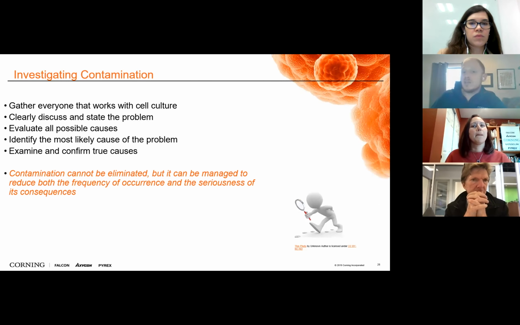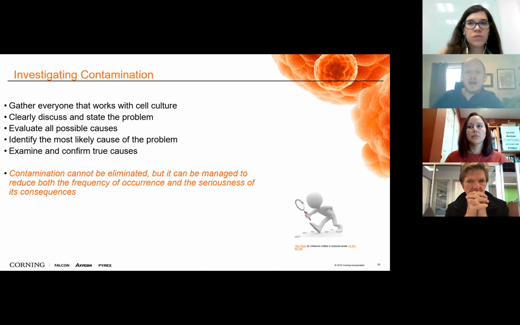Now, if you suspect that you have a contamination, or you've confirmed that you do have one, oftentimes it's a group effort to identify the source. As you'll see in the next slides, it can come from many different areas: the raw materials, the operator, the environment.